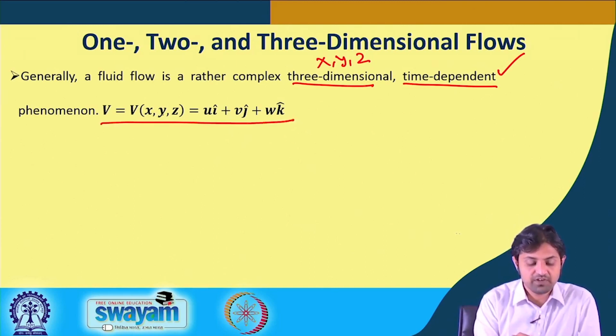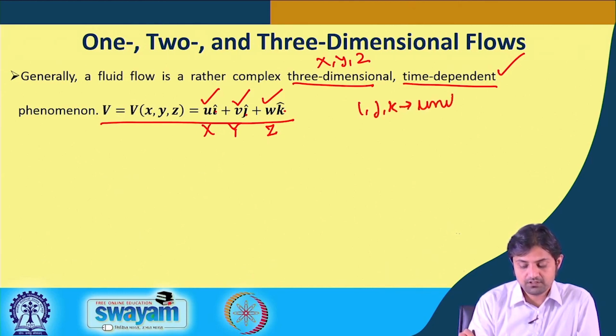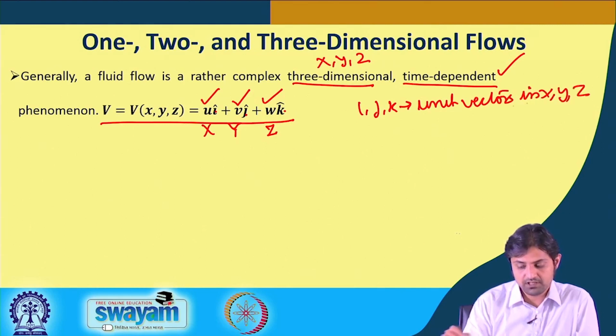V as a function of x, y, z can be written with u as the velocity component in the x direction, v as the velocity component in the y direction, and w as the velocity component in the z direction. So, i, j and k are the unit vectors in x, y and z direction.